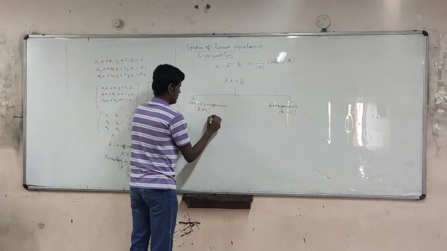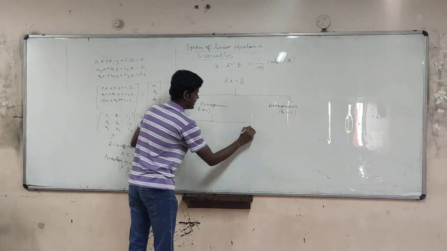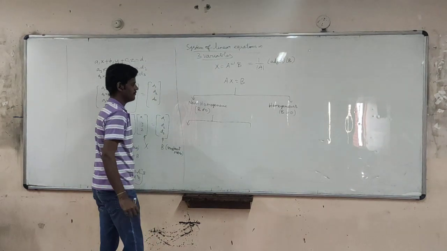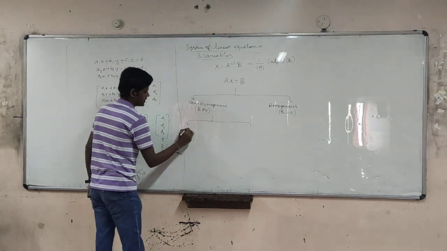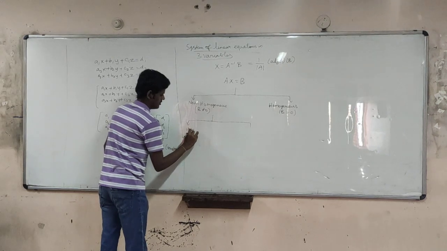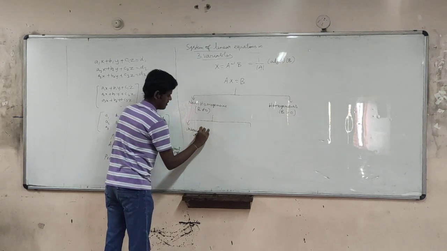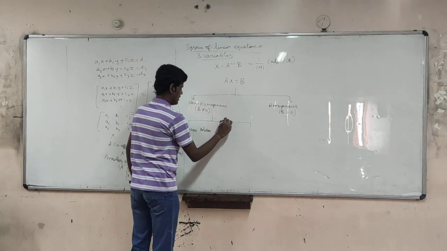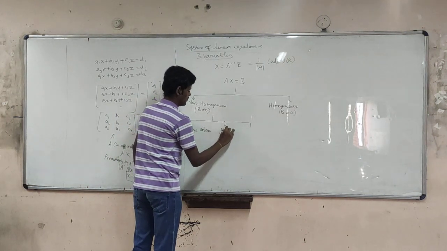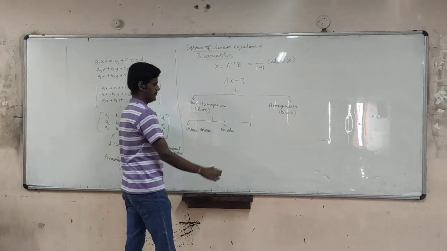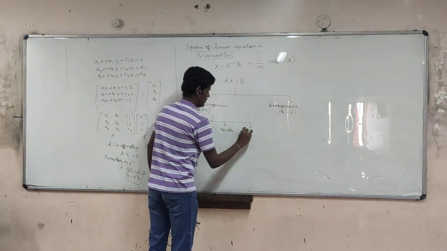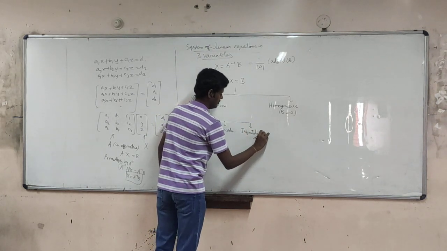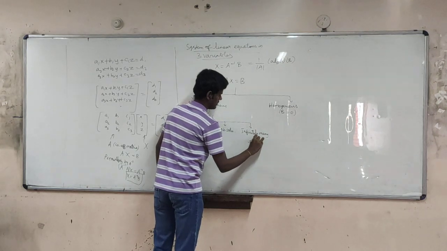Okay, when the equation is non-homogeneous, it can be further split into different categories. One is this equation can have unique solution, or no solution, or infinitely many solutions.